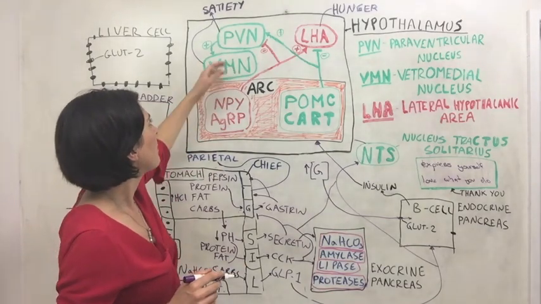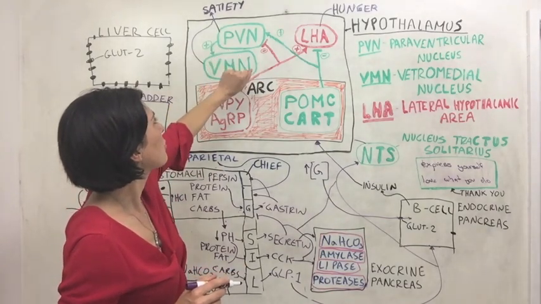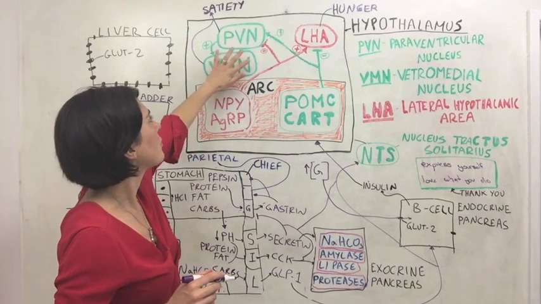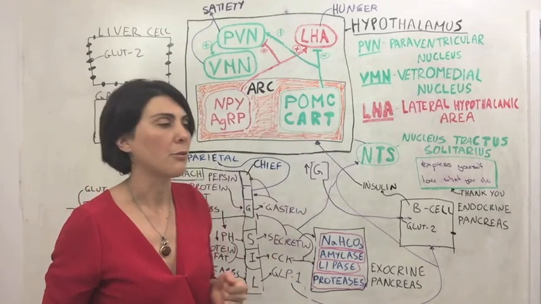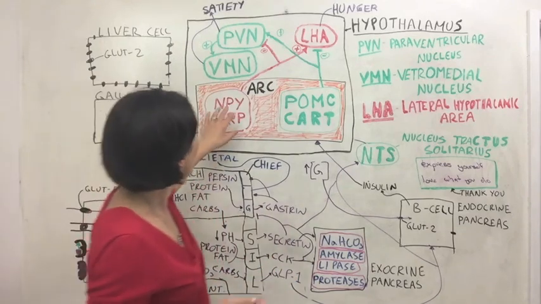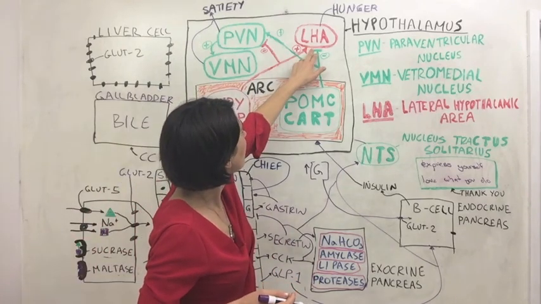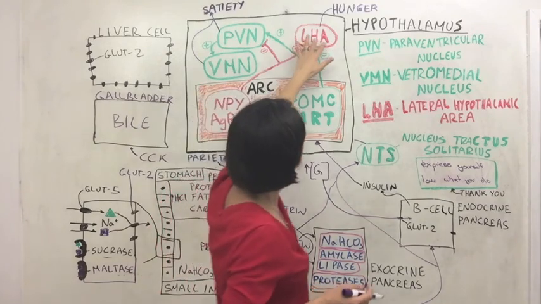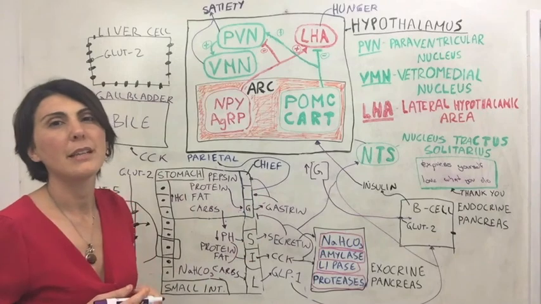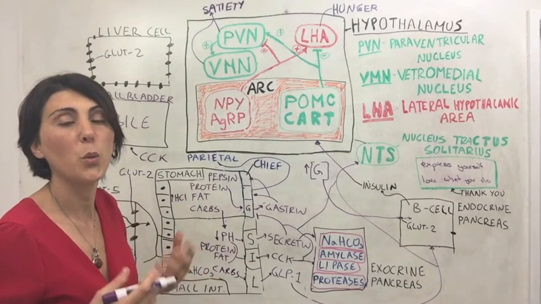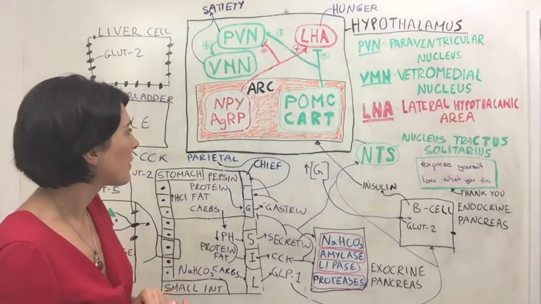There have been experiments where the ventral medial nucleus is destroyed in animals, and those animals become extremely hungry. On the other hand, if the lateral hypothalamic area, which has been associated with hunger, is activated, the animals become hungry as well, quite ferociously.